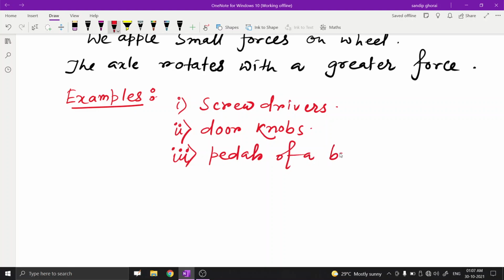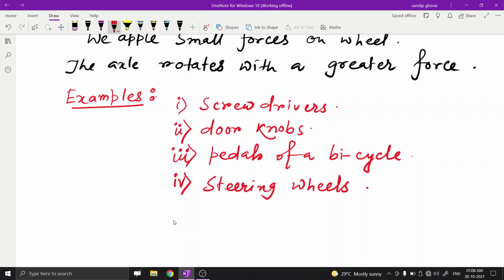The fourth one is steering wheels. The fifth one is the drilling machine, that is the machine used by carpenters. And so on. These are some examples of the wheel and axle arrangement.